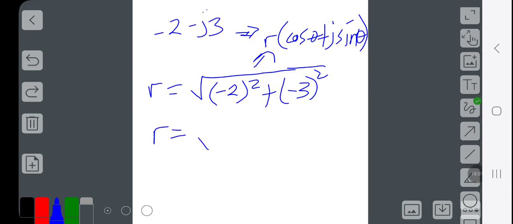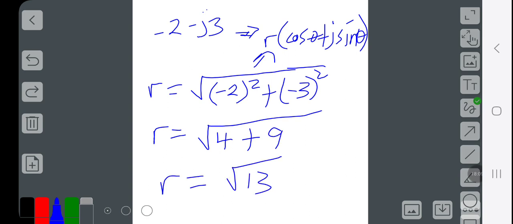It's the square root of 4 plus 9, which is the square root of 13. You can leave our answer like this. That is fine. This will become our modulus. So we are covered for r. Now what is left? We need to find our theta. That theta is going to be our argument.